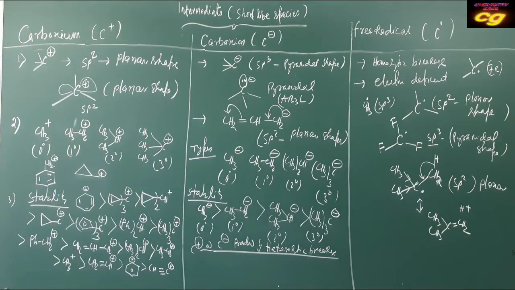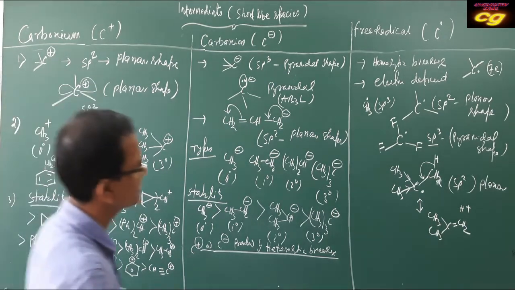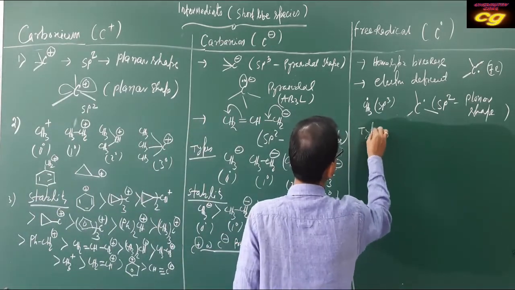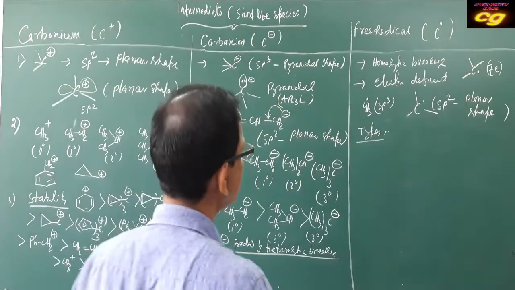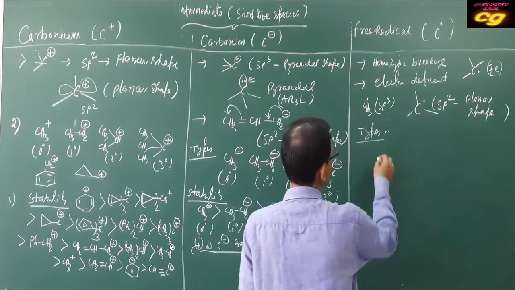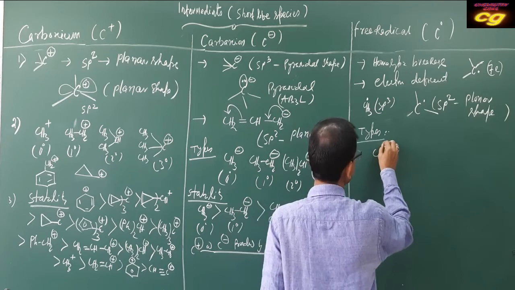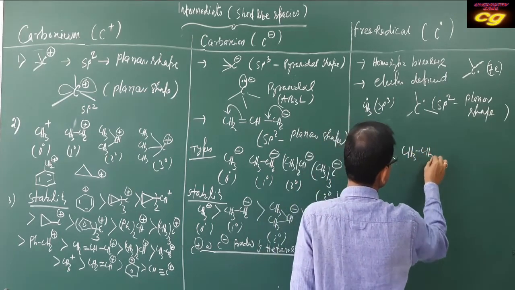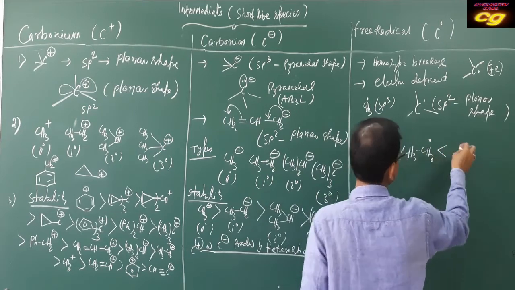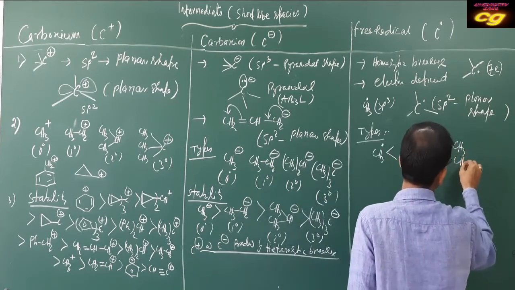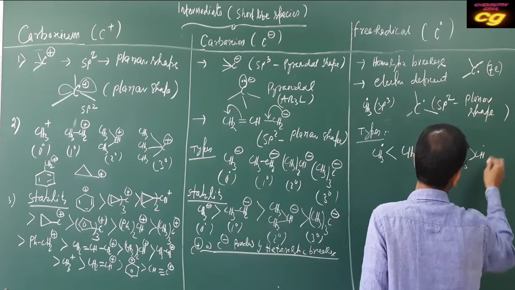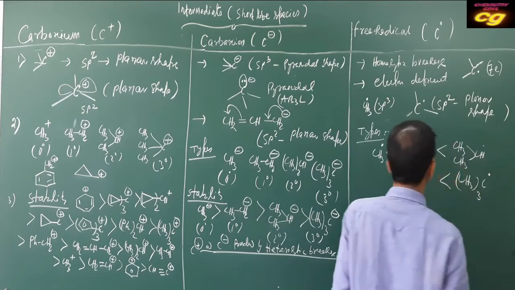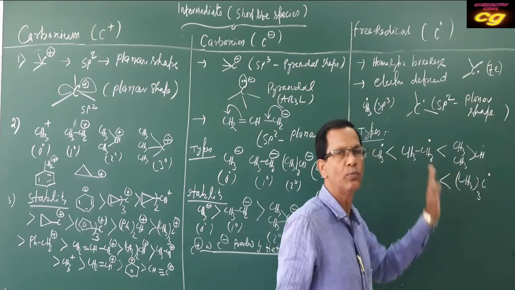Next is comparison. If you see the types of free radicals, there are mainly three types. Their stability is the same as carbocations: CH3 dot is less stable than CH3CH2 dot, which is less stable than the secondary radical, which is less stable than the tertiary radical. Mainly stability increases due to the plus-I effect.